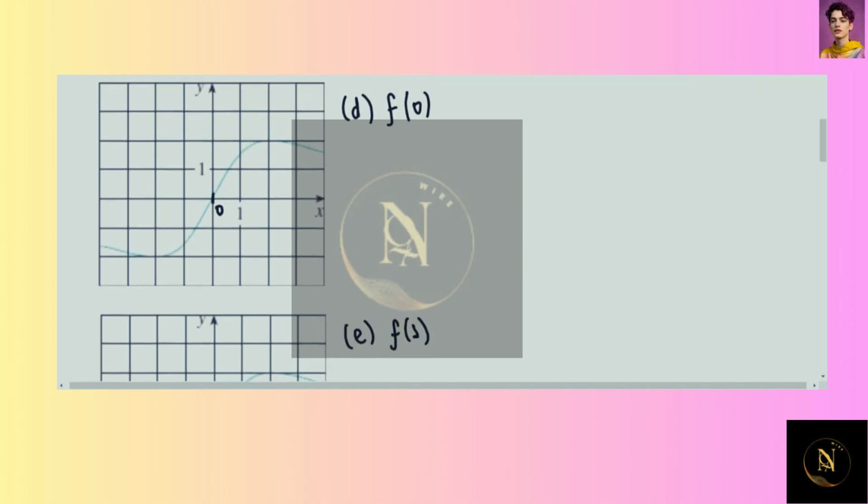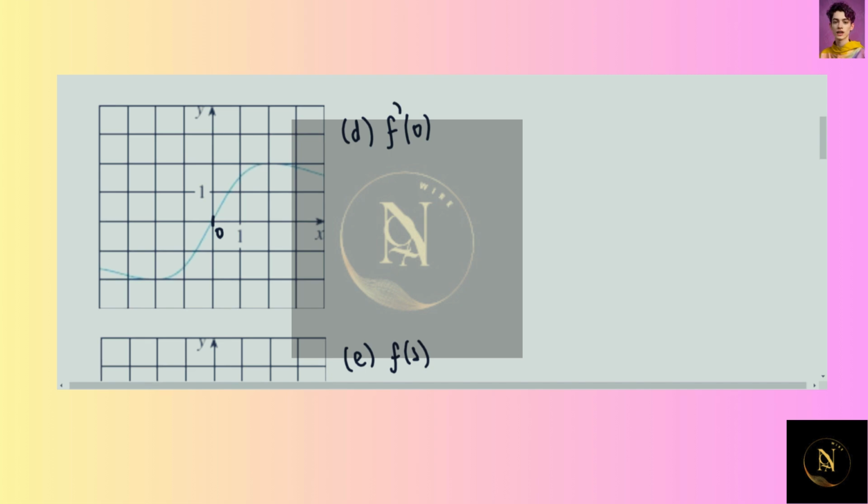Now for the derivative of the function at 0, 0 is here, and we just draw a tangent line.